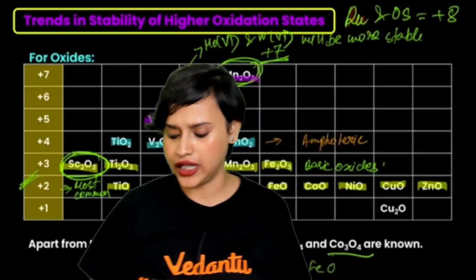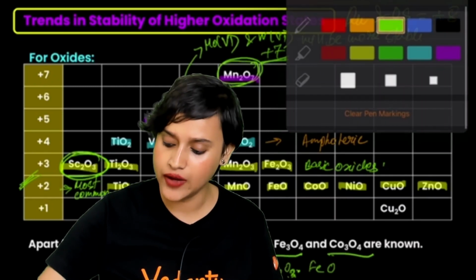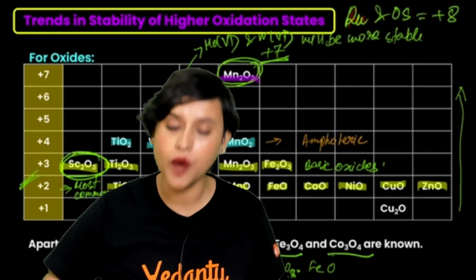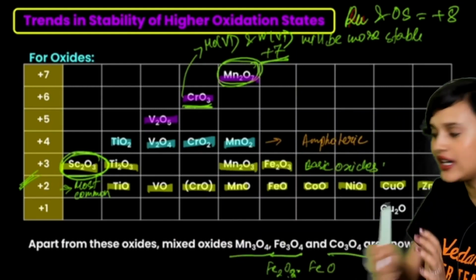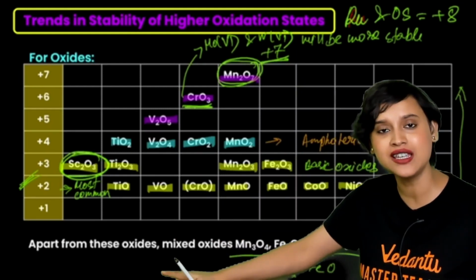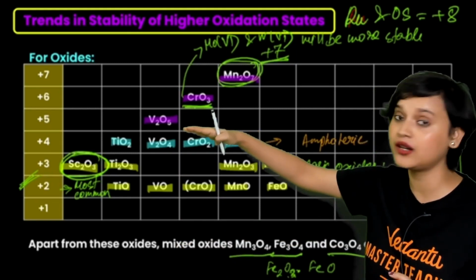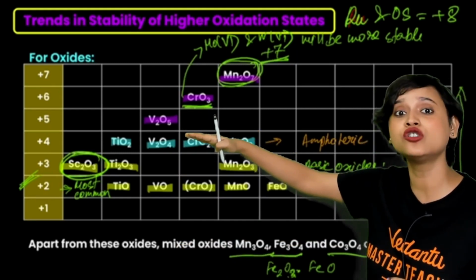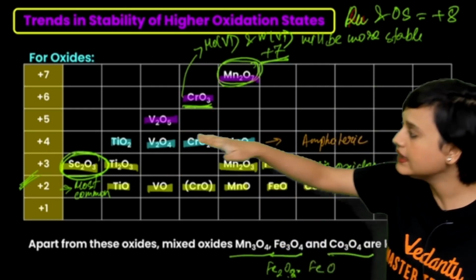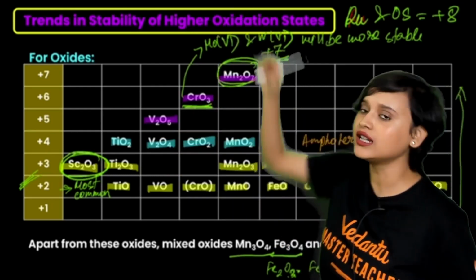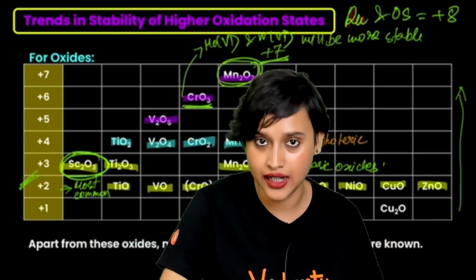So what is happening when you are moving from bottom to top? You see that you are increasing the acidic character slowly and steadily. It was basic here. From basic, you are adding acidic character, then it became amphoteric. Amphoteric means it can react with acids as well as with bases, right? And then you keep adding more acidic character, it becomes completely acidic, all right?